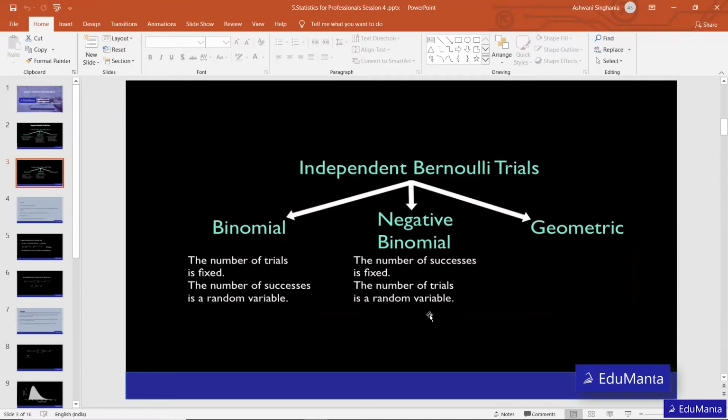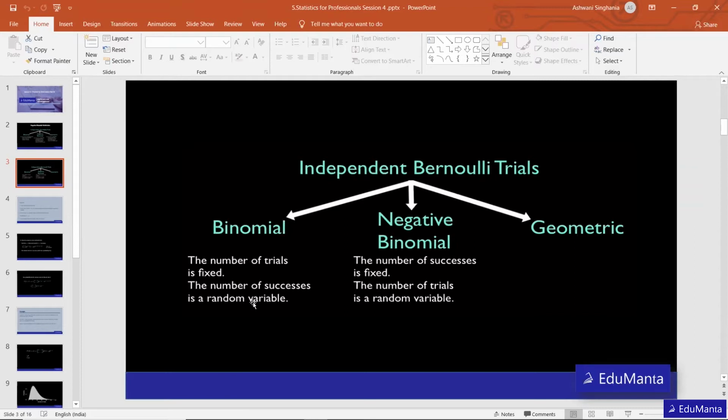Now let's come to negative binomial. In negative binomial, the number of successes is fixed. That is, it was the third success we were looking for. And the number of trials is the random variable. So the variable over here is the number of trials. It is something opposite. If you see, the number of trials is fixed in binomial, whereas the number of trials is random in negative binomial.